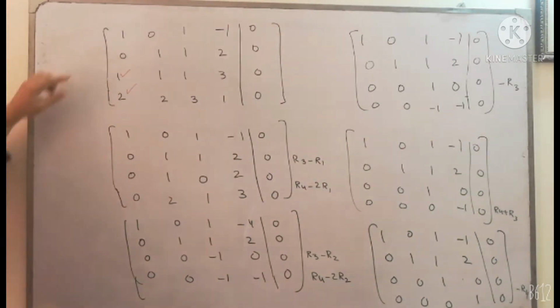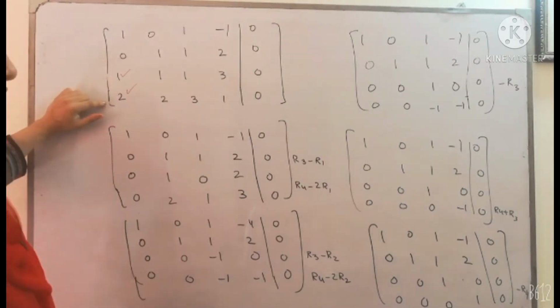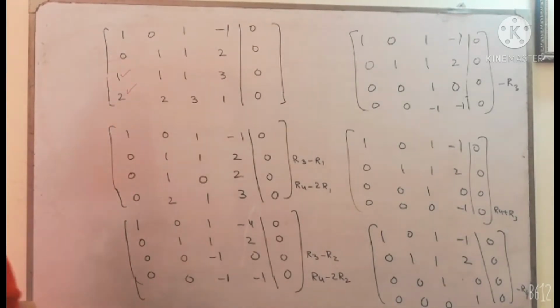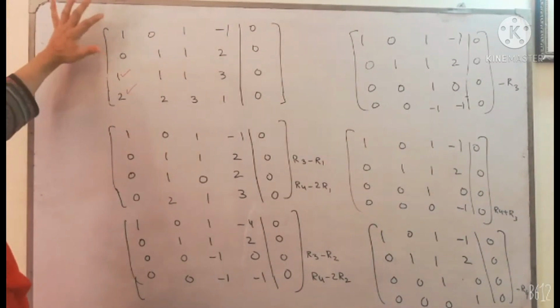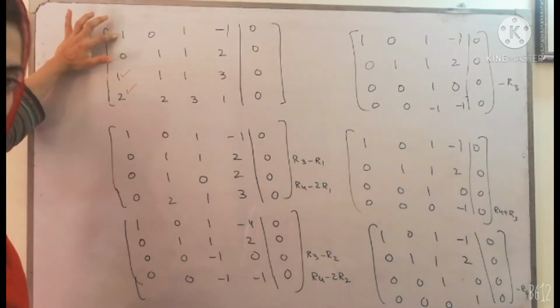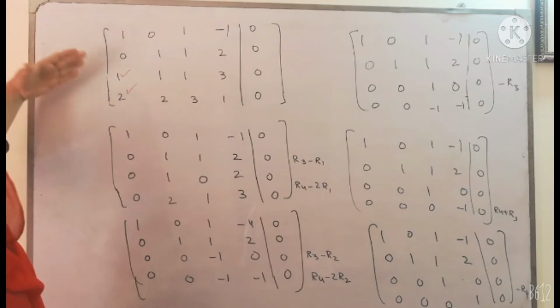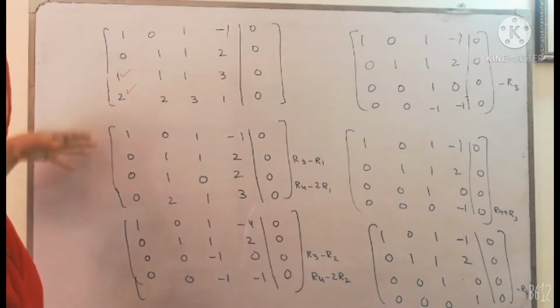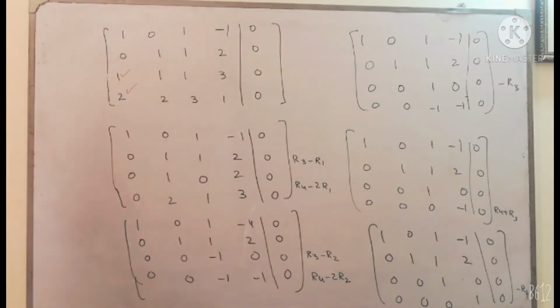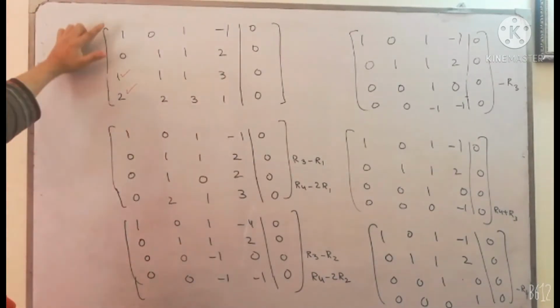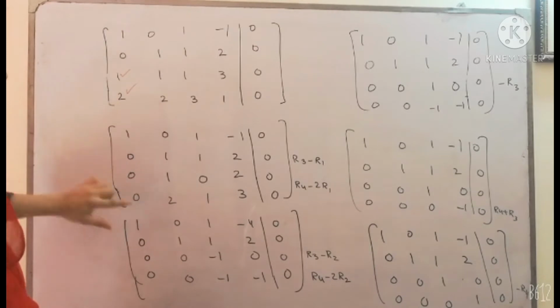So in the third row and fourth row, you can see that these two elements must be zero according to the Gauss elimination method. The first leading element must be 1, and then below the first leading element we have to check that all the elements in the column are 0. So r3 minus r1: 1 minus 1 will be 0 and 2 minus 2 will be 0.